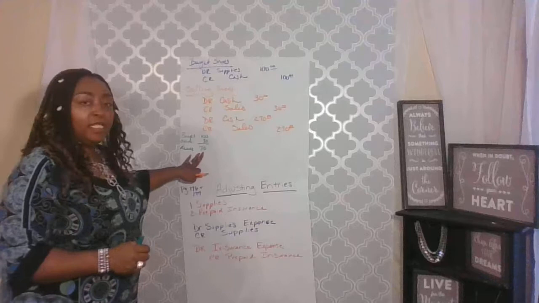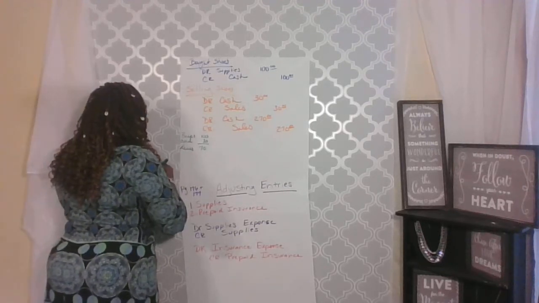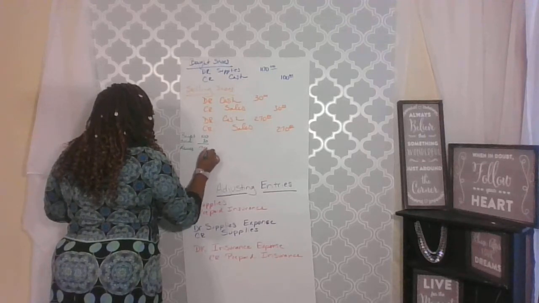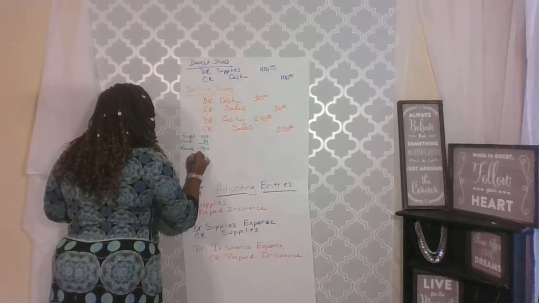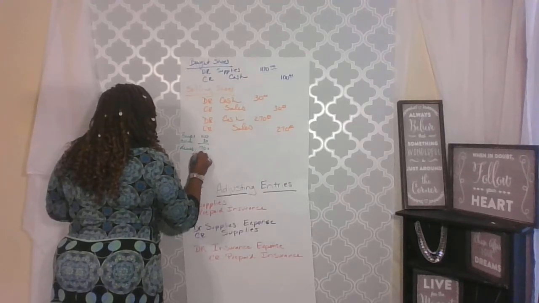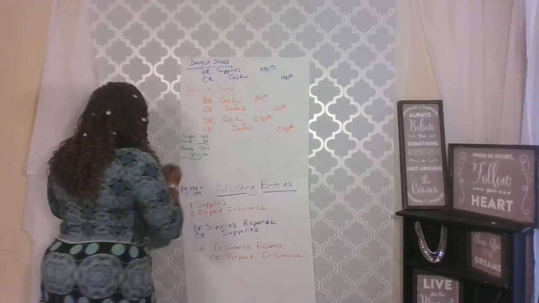This is how much I still have, 70 pair of shoes. 70 pair of shoes equal $70 worth of shoes on hand, okay?